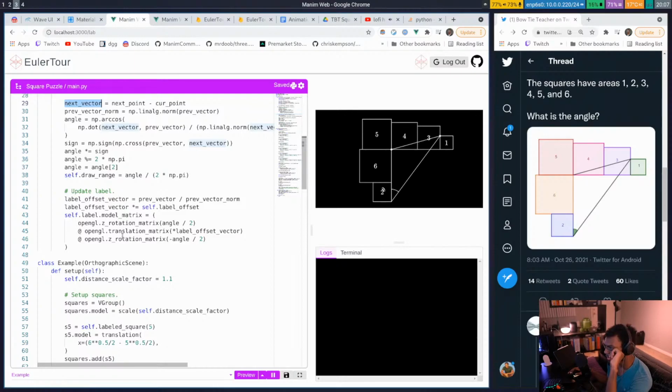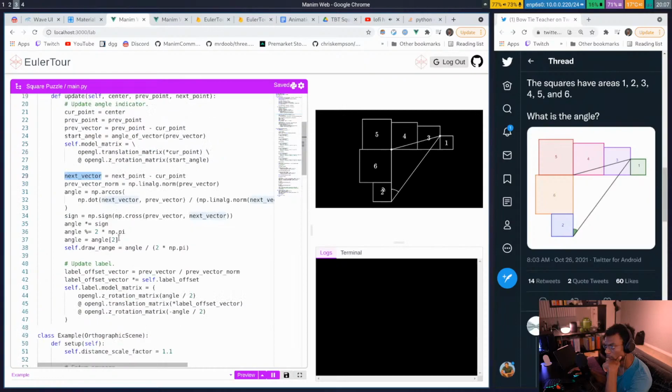Basically it needs to be rotated and translated. And this is translated by the start angle. What is angle here? The angle between the next vector and the previous vector?